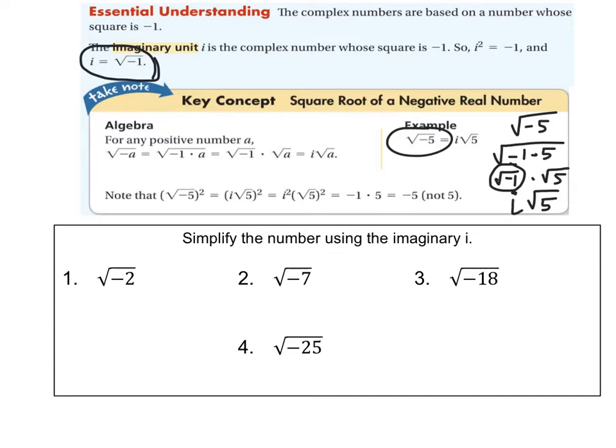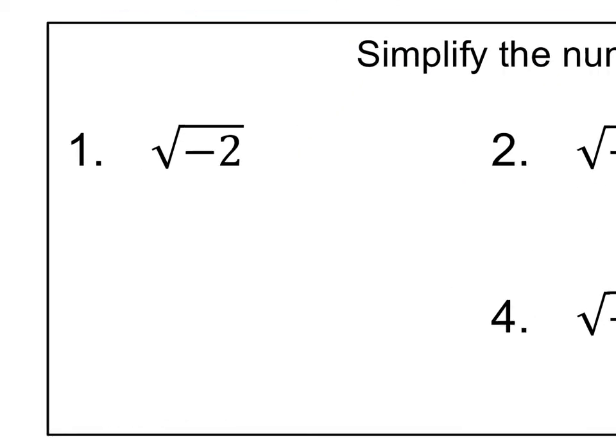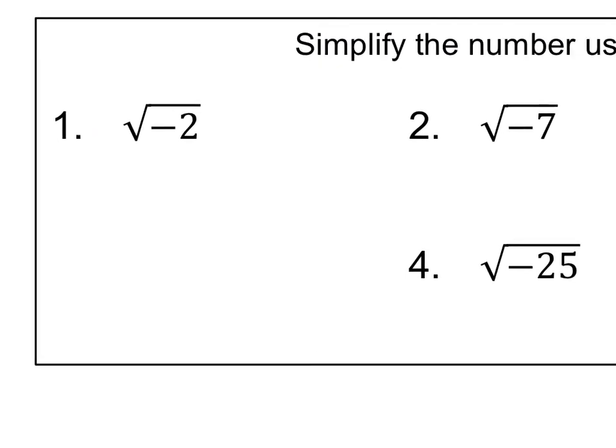Okay, so let's take number 1 as an example. I see the square root of -2. I'm going to break this down, square root of -1 times 2, and then separate them, the square root of -1 and the square root of 2. The square root of -1 is i. Can I break down the square root of 2? In other words, can I break down 2? No, I can't.